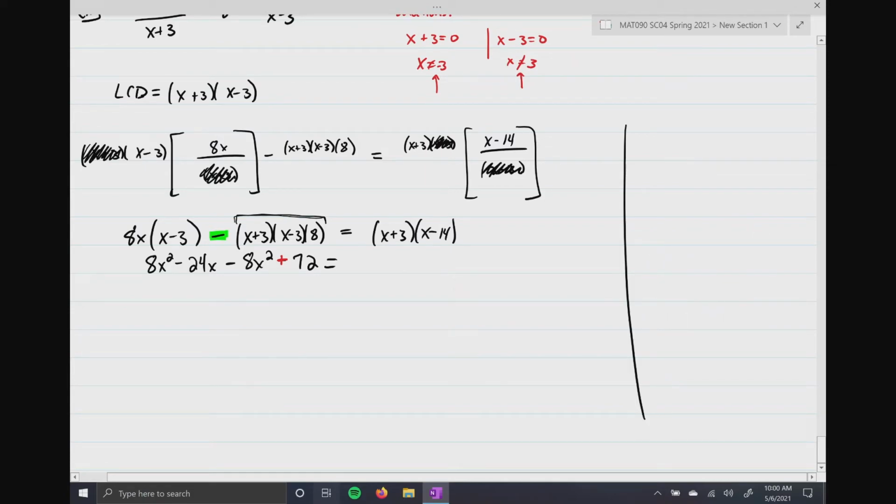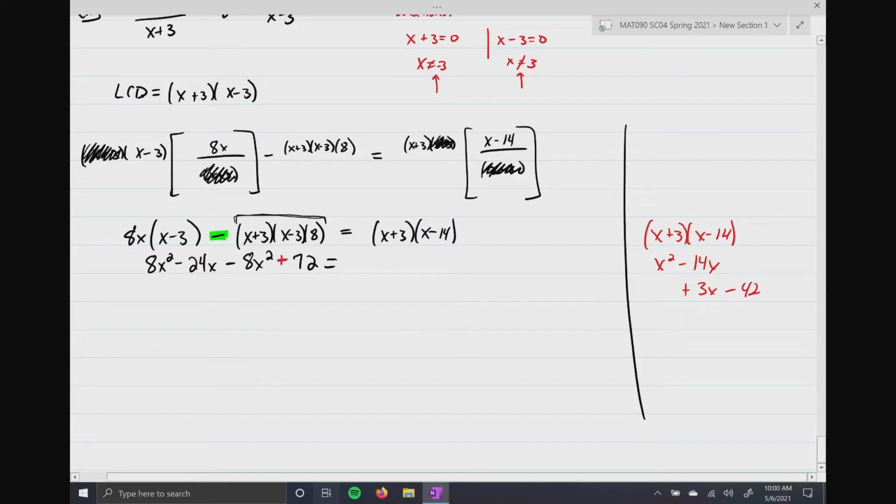All right, now on the right-hand side, let's go ahead and distribute. So you get x squared minus 14x plus 3x minus, what is that? 3 times 14 is 42.